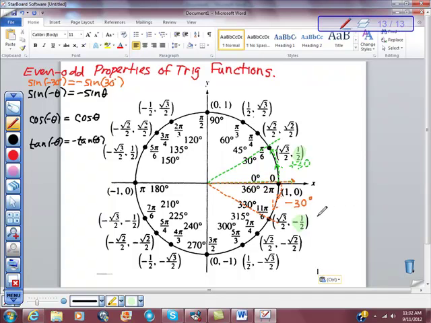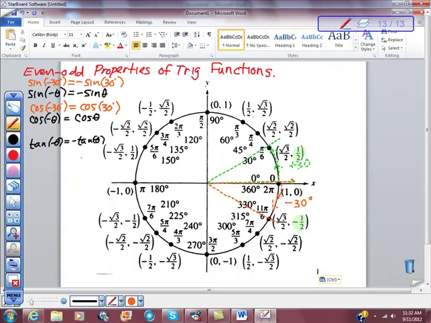When we go to cosine, it says that cosine of negative theta is the same as cosine of theta. Well, let's test that out and see if that isn't true. If that's true, then cosine of negative 30 degrees should be the same as cosine of 30 degrees.